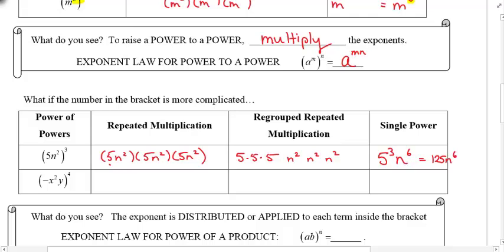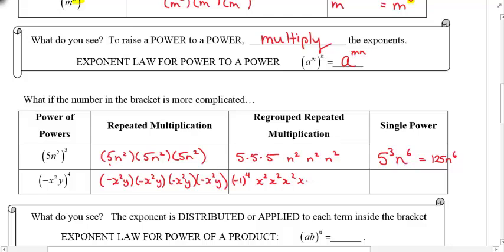Okay? Do the same thing for the next one now. So negative x squared y, not once, not twice, not 3 times, but 4. Now let's do the regrouped repeated multiplication. I see negatives, and I see a negative 1. Let's see, I see 4 of them. X squared, I see 4 of them, I think.